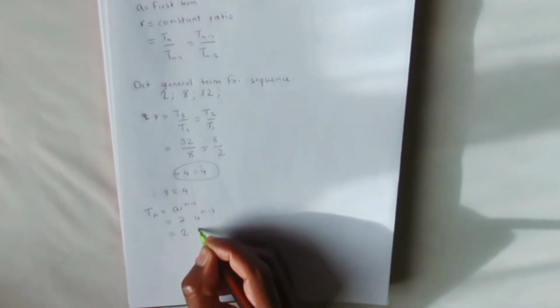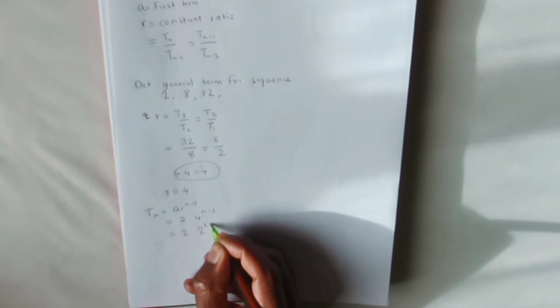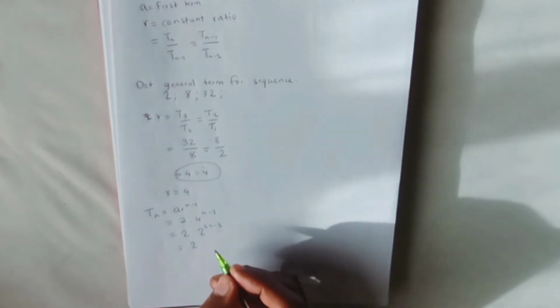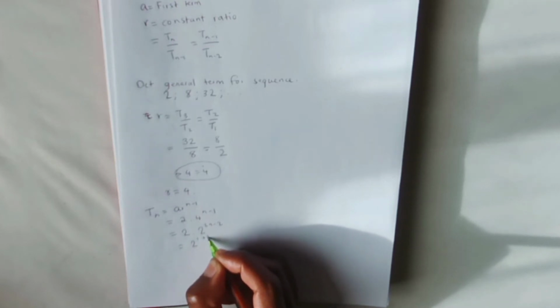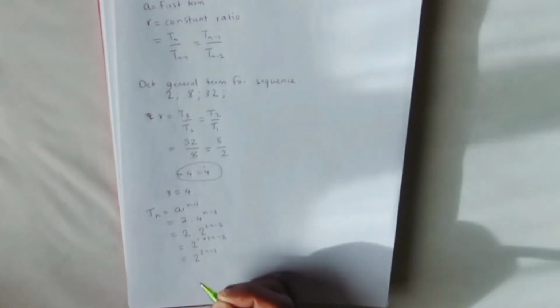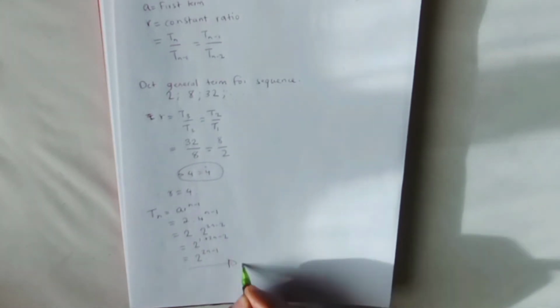And if you have to simplify it using the exponential laws, just say 2^(2n-2), times 2, and this would be 2^(1+2n-2), which is 2^(2n-1). So the general term for this given sequence would be 2 to the power 2n-1.